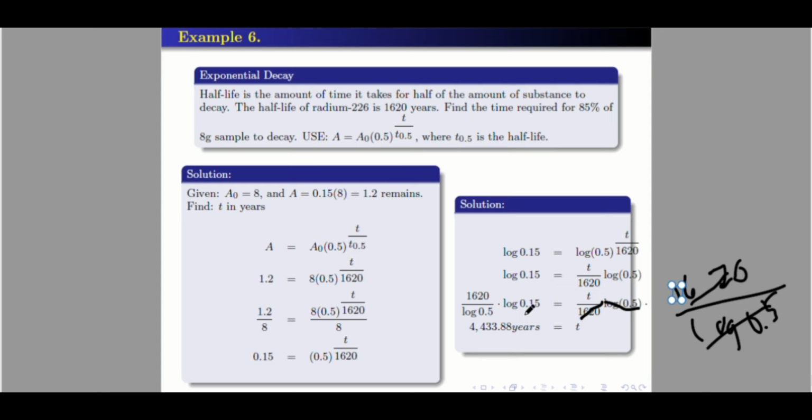You input this on your calculator: 1,620 divided by log of 0.5 times log of 0.15. You will get an answer of 4,433.88 years. So this is the time required for 85% of the 8-gram sample to decay. So I hope you've learned something and thank you for listening.